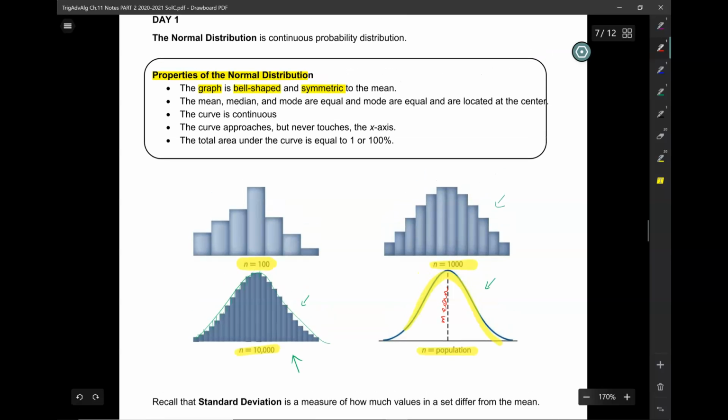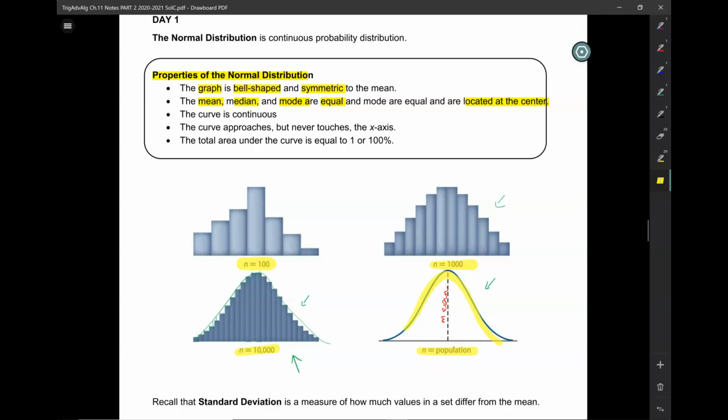And that's what happens: the more data you have, the more the mean will actually look like the middle of the graph. The mean, median, and the mode, this is important, are all equal, and they are located at the center. So not only is that the mean, but it's also the median, and it's also the mode.